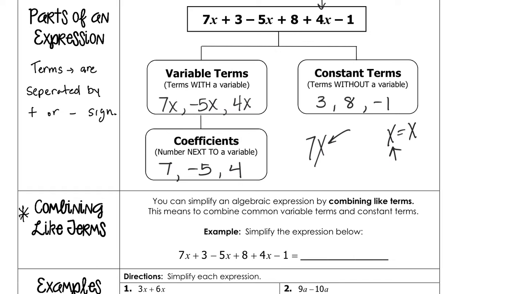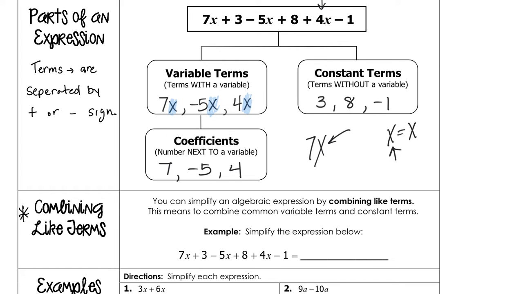That's an important piece because that's what combining like terms enables us to do: bring things together. With that being stated, wherever I see an x it must be the same x. So if we go back to the top and take a look at those x's, this x must be the same as this x, which must be the same as this x.